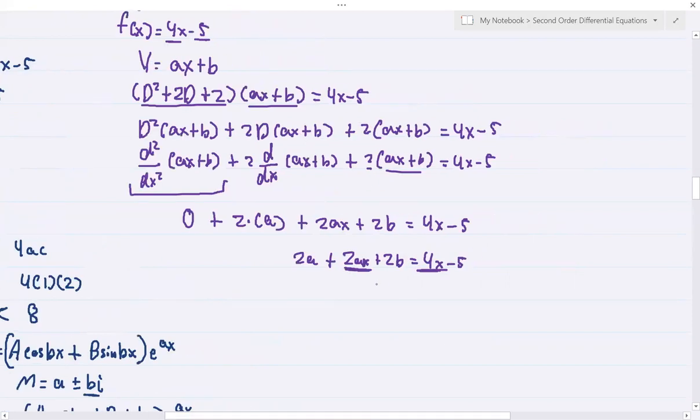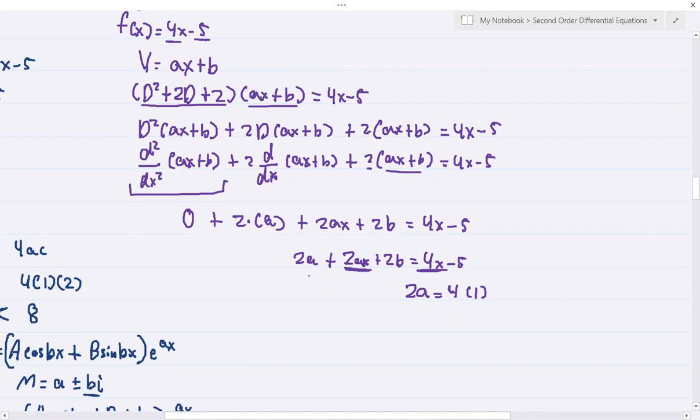Since 2ax and 4x are similar, we will have 2ax equal to 4x. Since we have x on both sides, we can simply cancel it out. So we now have 2a is equal to 4, and that will be our first equation.